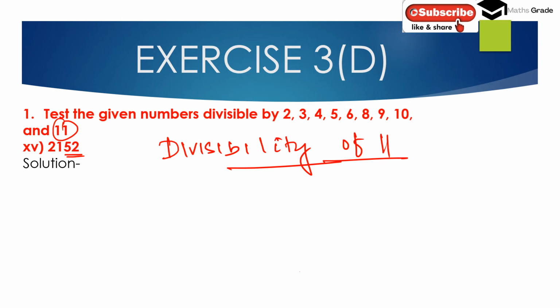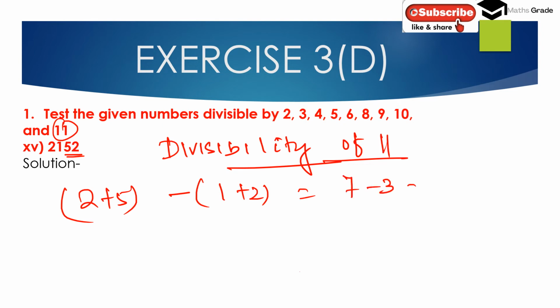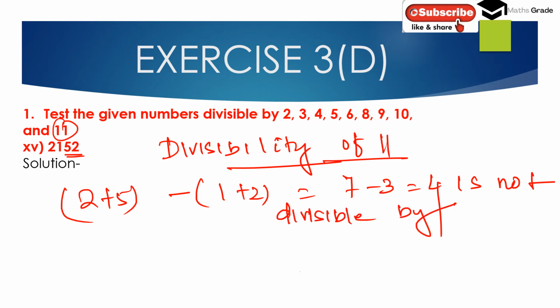Sum of digits at odd places is 2 plus 5, and sum of digits at even places is 1 plus 2. And 2 plus 5 is 7, 7 minus 3 is 4. And 4 is not divisible by 11. So 2152 is not divisible by 11.